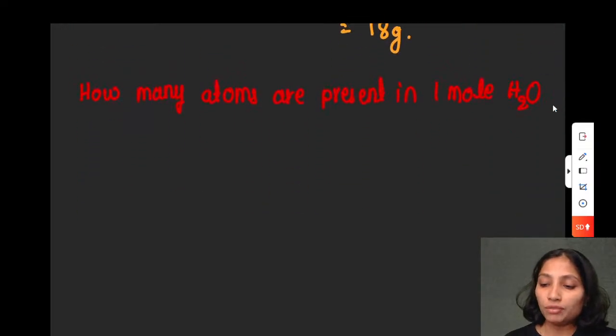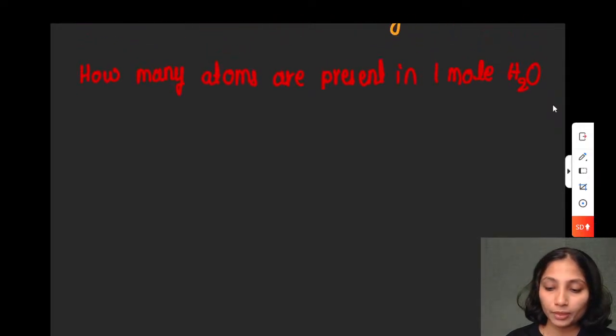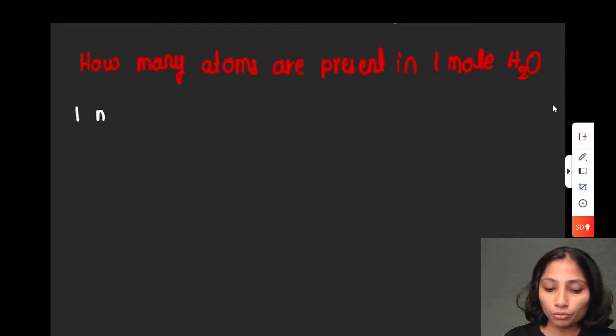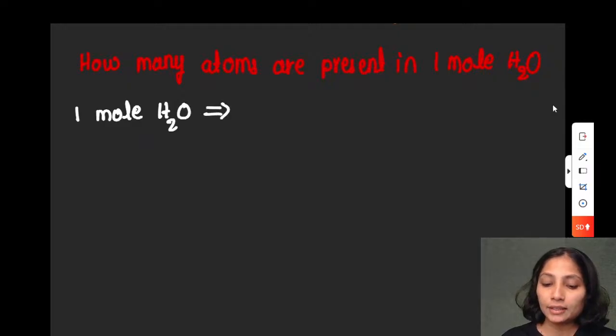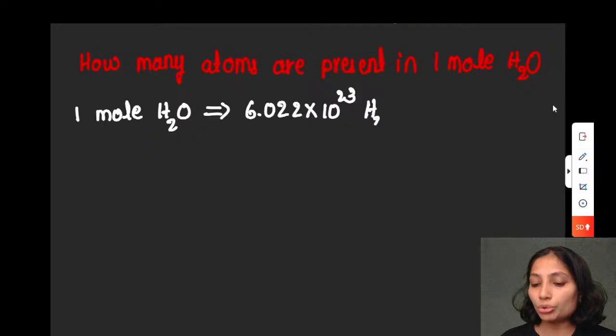See, we know 1 mole of H2O contains 6.022 × 10^23 H2O molecules.